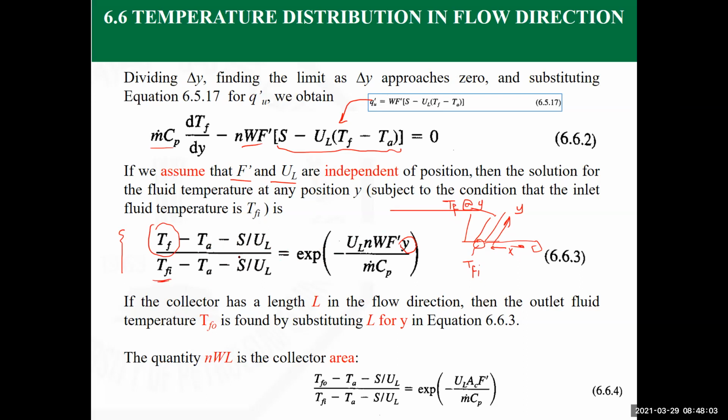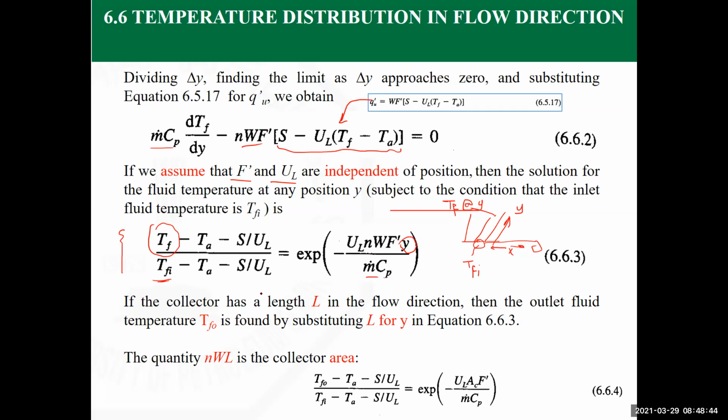And we are getting this exponential term that gives us the value of Tf, the fluid temperature, at any distance, knowing the air temperature, the useful heat gain, this is the energy absorbed by the plate, UL is the overall heat loss coefficient, exponential, again UL, n number of tubes, W is the width, F dash the fin efficiency factor, y is the distance in the pipe, and then the flow rate into Cp. This is the capacitance of the fluid which is passing.